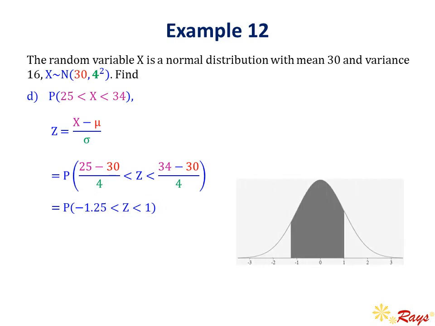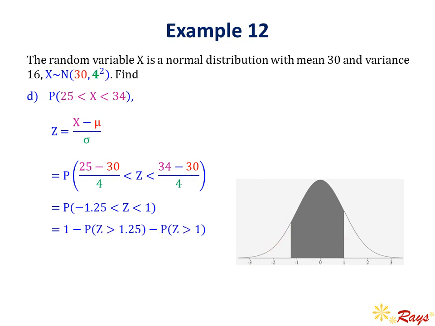So this is how it looks like. And to find the probability for this, what we need to do is to take the probability of the whole bell curve, which is equal to 1, minus the probability for this area, which we can check from the standard normal table, and also minus this area here. And to be able to find the probability from the standard normal table, we have to convert this to the right tail first.